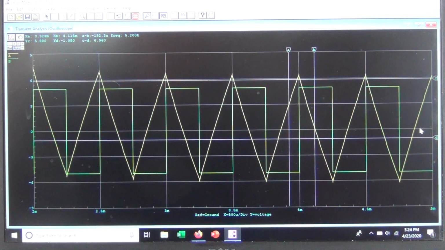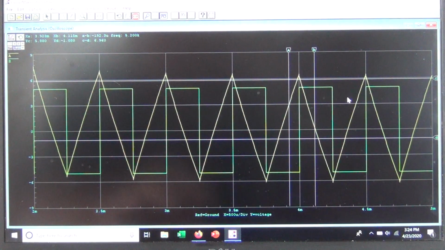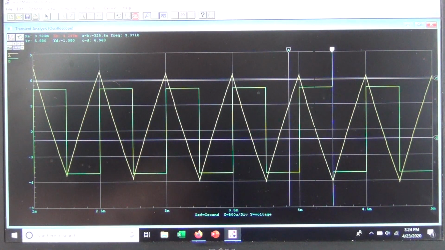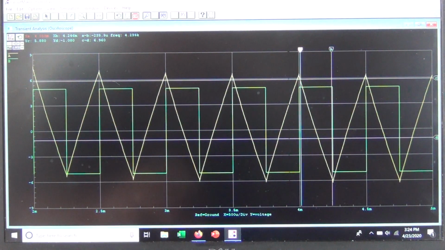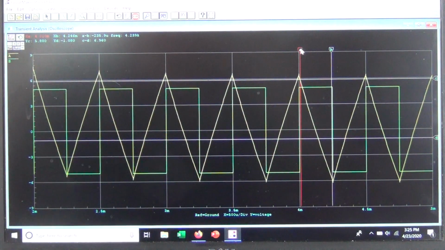And in the screenshots that I've attached, we get about, I think, 12.5 volts for the change in voltage, and the time for that to occur, if I move A and B over here, is about 250 microseconds.